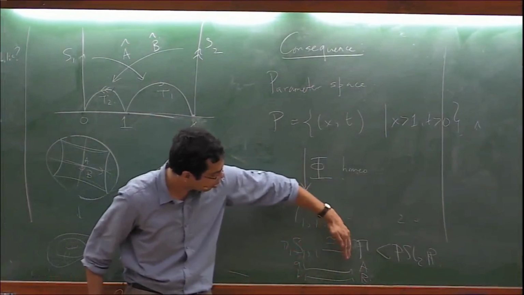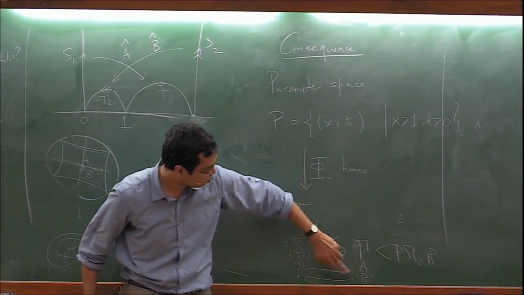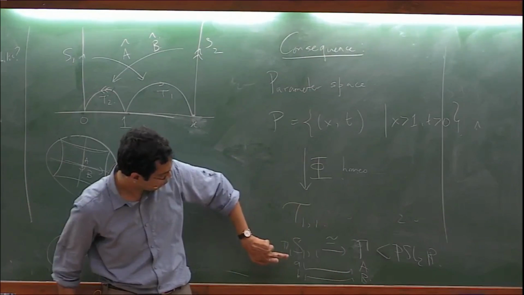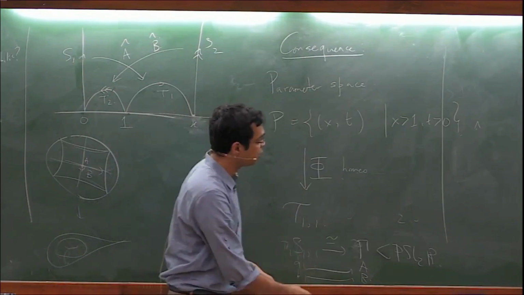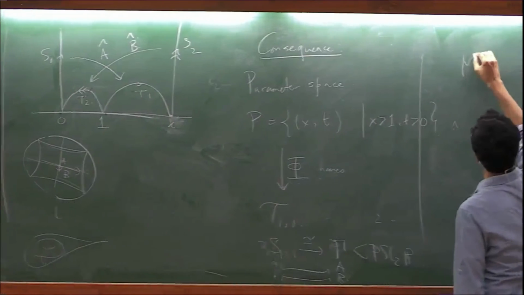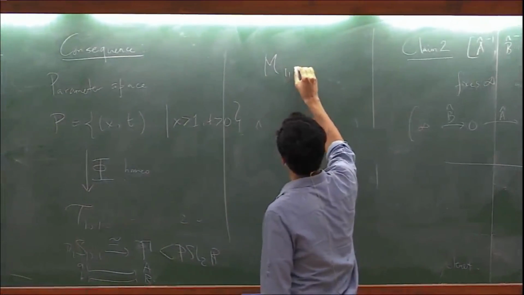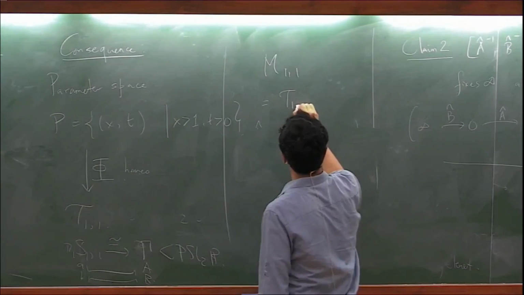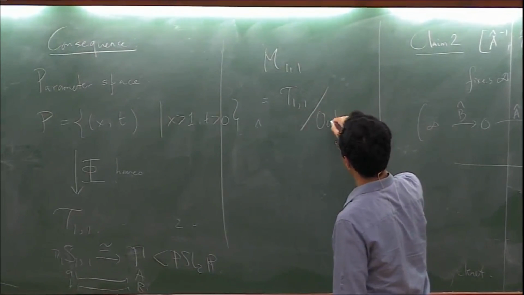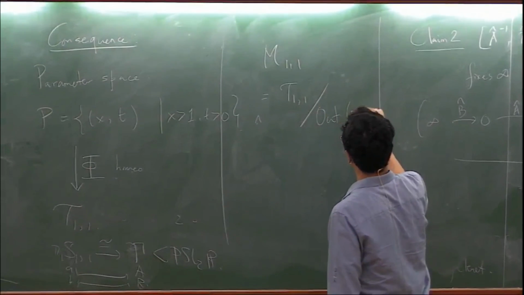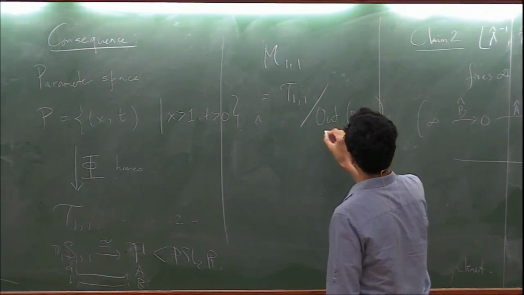You're marking the generators of the Fuchsian group with generators of the surface. So if you don't want to mark, you get moduli space. The moduli space is a quotient of Teichmuller space by some automorphisms of the fundamental group. So these are outer automorphisms.